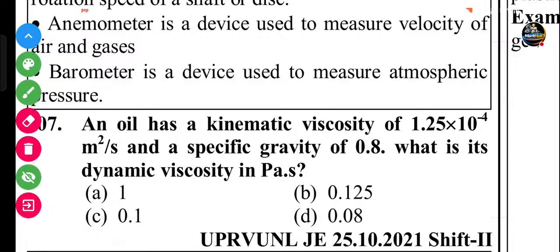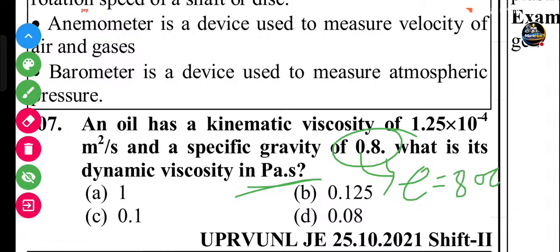Next question: an oil has a kinematic viscosity of 1.25 into 10 to the minus 4 meter square per second and specific gravity of 0.8. What is the dynamic viscosity in Pascal second? Specific gravity is 0.8, so density is 0.8 into 1000, that is 800.